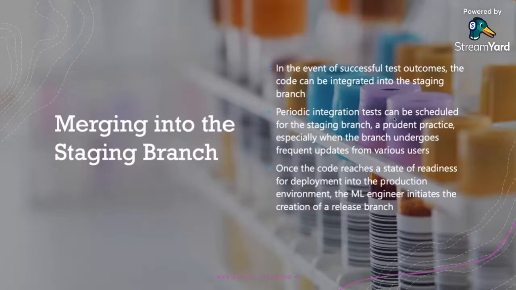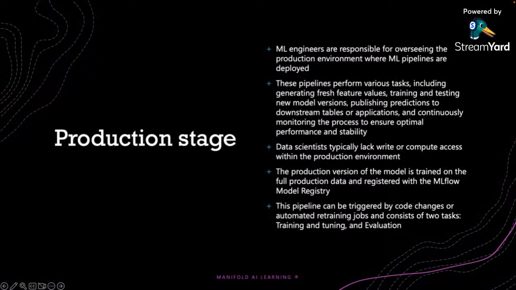Once the code reaches the state of readiness for deployment into the production environment, we can then go ahead and initiate the creation of a release branch. That means that is the point where it reaches the production stage. Now, in this production stage, the machine learning engineers are the ones responsible for overseeing the production environment where machine learning pipelines are deployed.